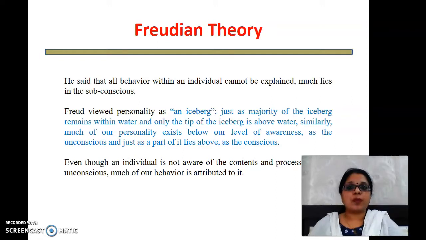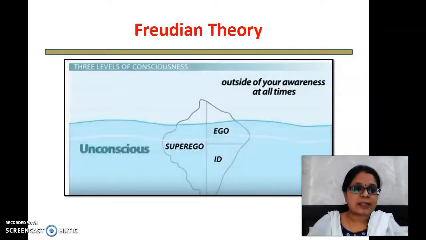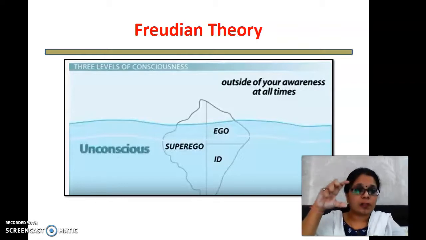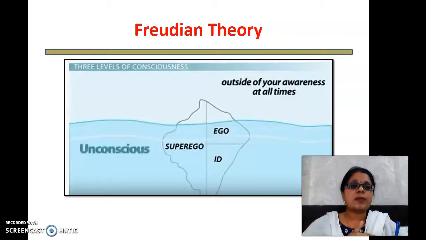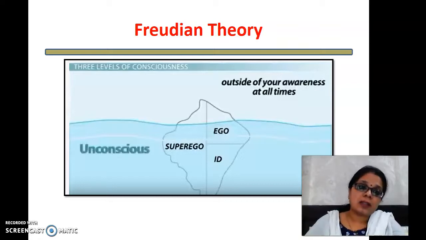Talking about the Freudian theory, Freud is a psychologist, and as you can see in the slide itself, this is a picture of an iceberg. I think you are all very much aware of what an iceberg is. If you see the picture, only 20% of the iceberg is visible to all of us. The remaining 80% is immersed inside the water.